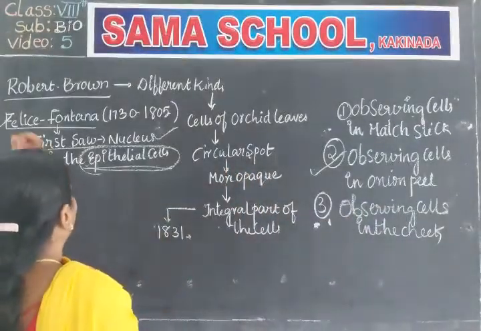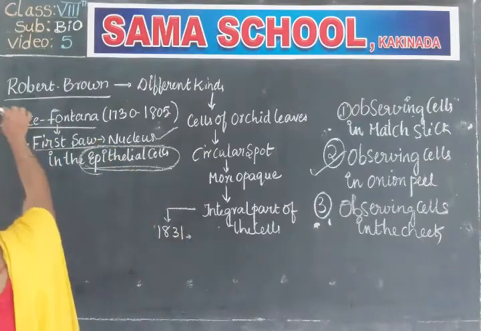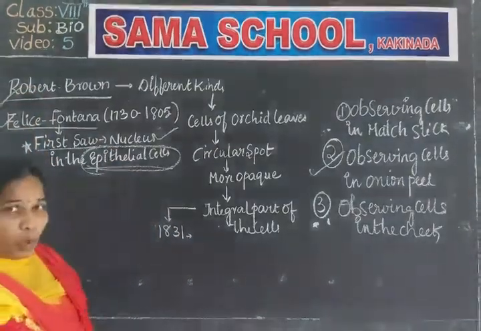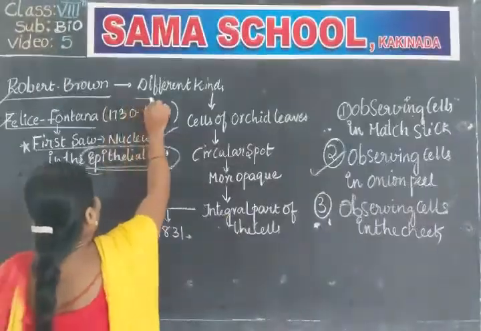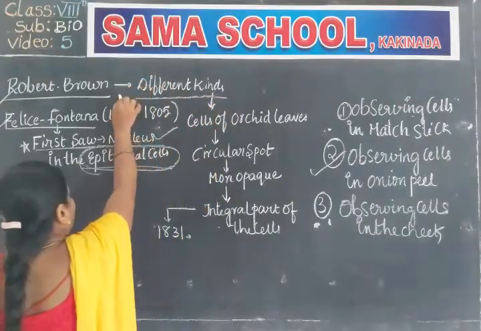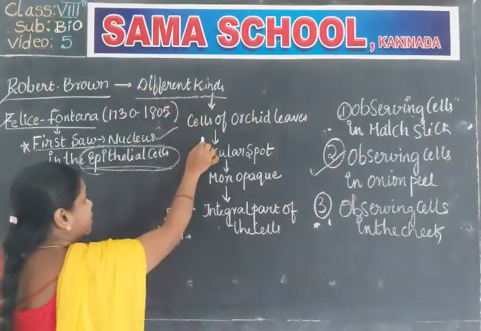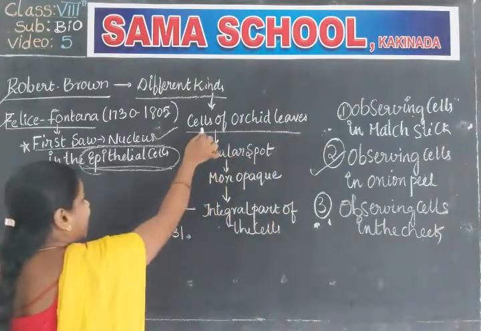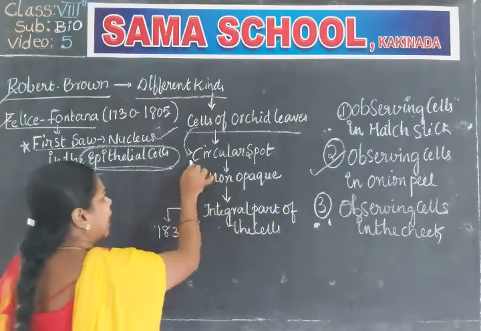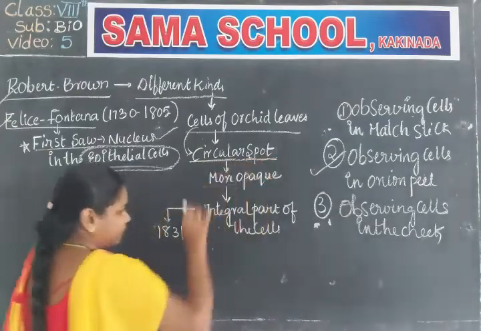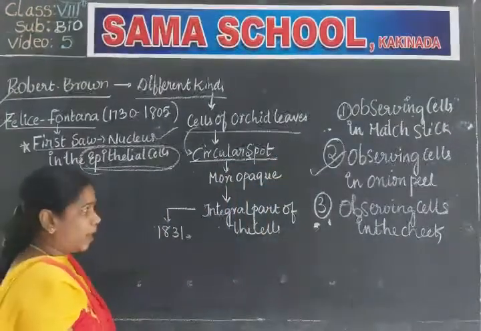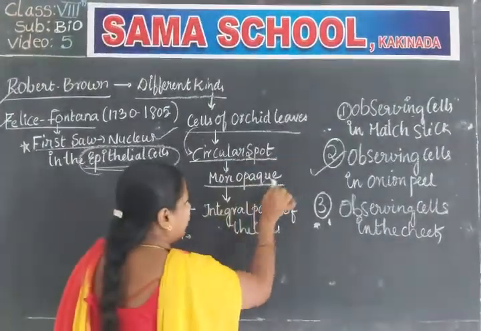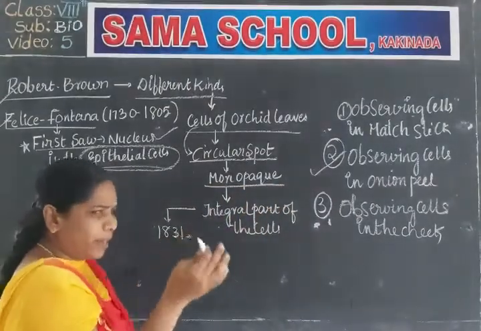Then later in the 18th century, Robert Brown observed different kinds of cells, especially the cells of orchid leaves, and he observed a dark, circular spot, more opaque. When you compare, you can see that very clearly.